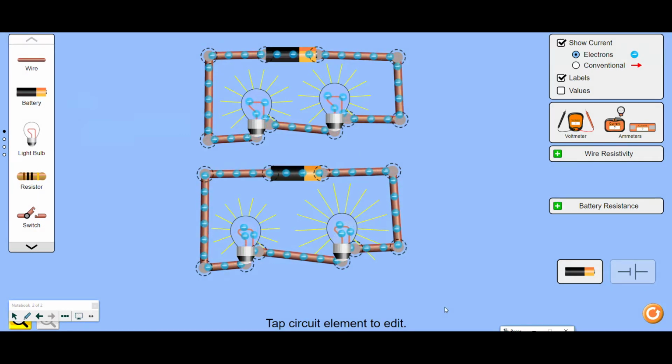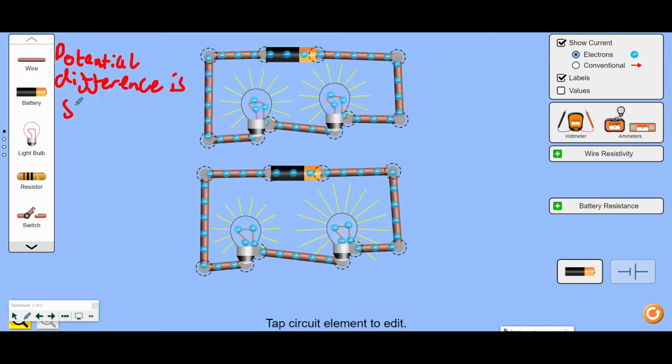Okay, now we're going to look at potential difference in a series circuit. So first off, we need to remember our rule for potential difference in series. Our rule being that potential difference is split between the components.